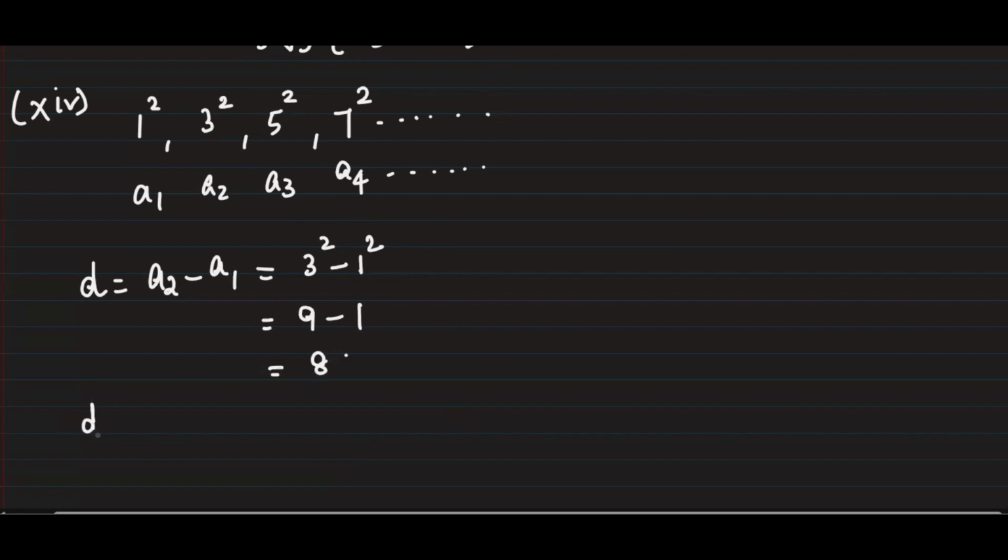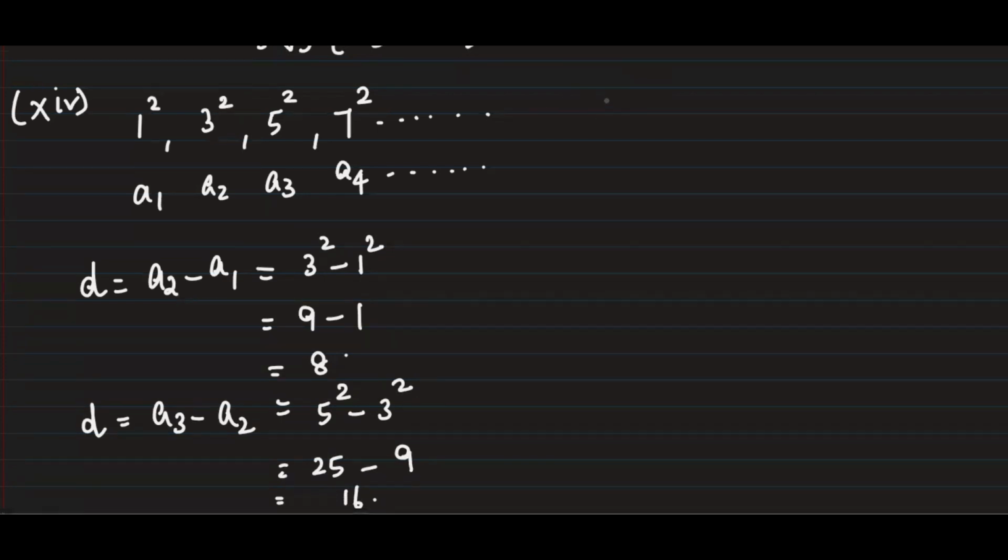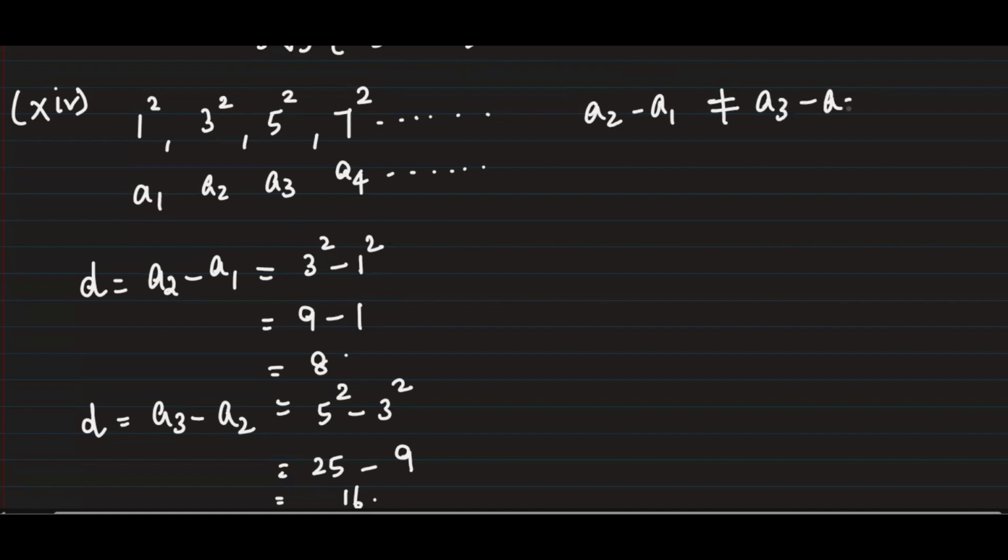So again finding D. So D is equal to again A3 minus A2. A3 is 5 square minus, and A2 is 3 square. So 5 square is nothing but 25, 5 into 5 will be 25. Then 3 square will be 9. So 25 minus 9 will be 16. Okay. Again, these both values of D are not same. So hence we will say like A2 minus A1 is not equal to A3 minus A2.